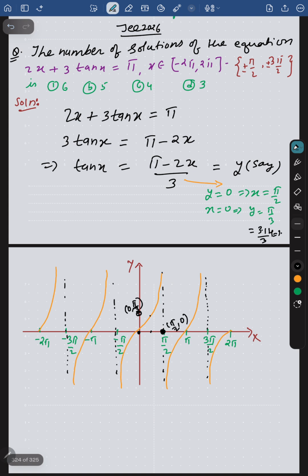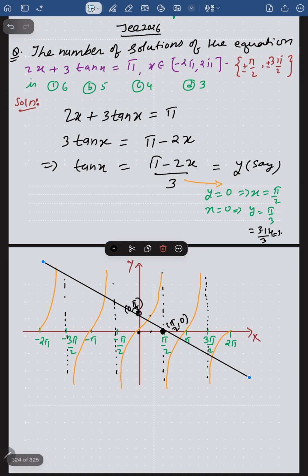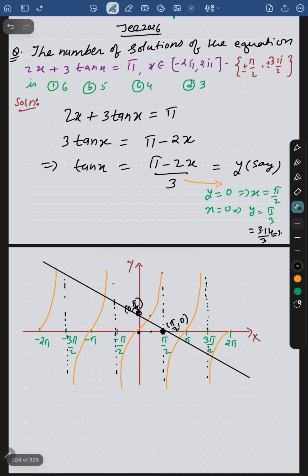Okay, so now I will draw this line. So you can see that we just draw it like this. Okay, so in this way you can see that this line is crossing this graph at how many points.